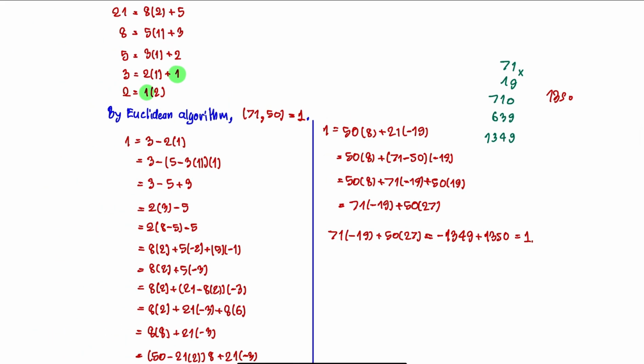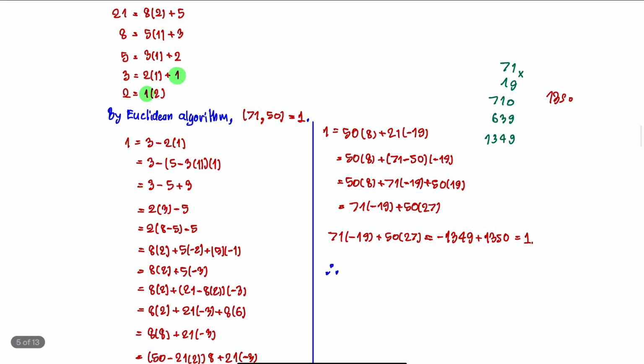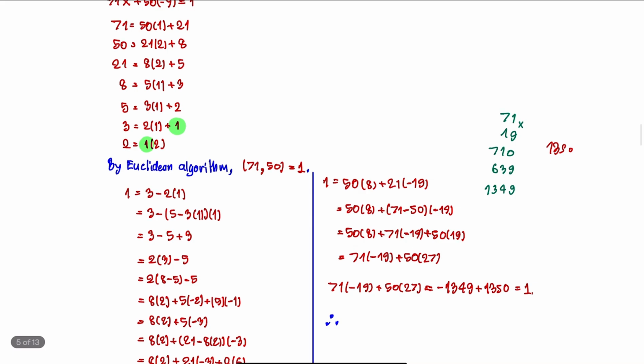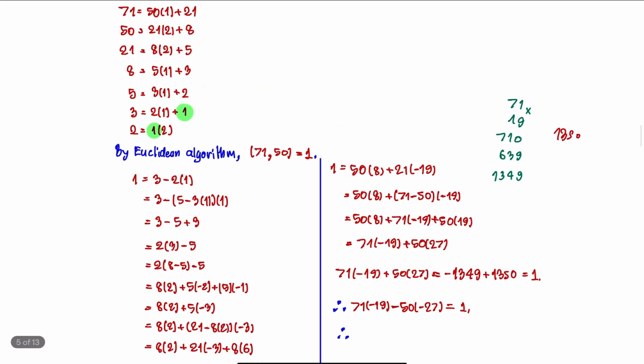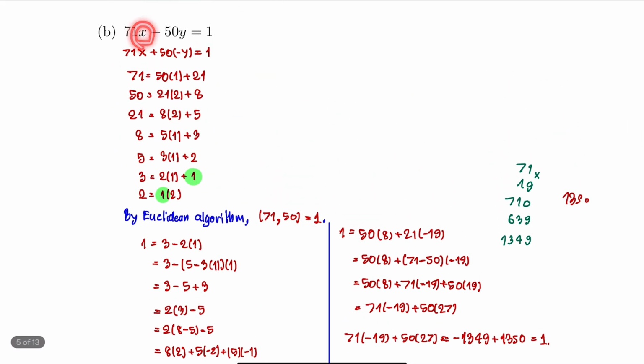Okay, great. That means that we have 71 times minus 19 minus 50 times minus 27 equals 1. So that means that x can be minus 19, y can be minus 27.